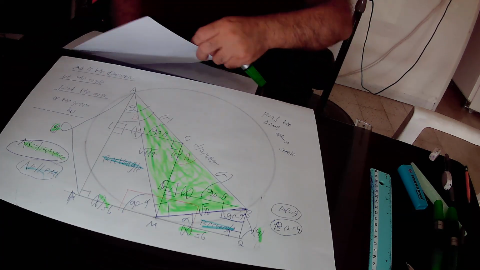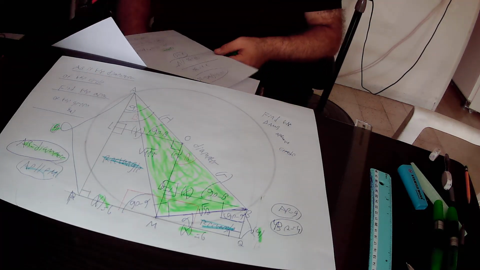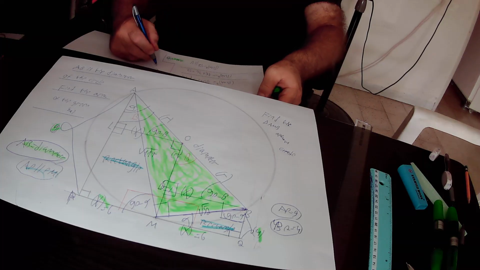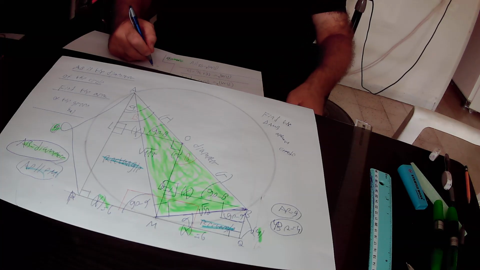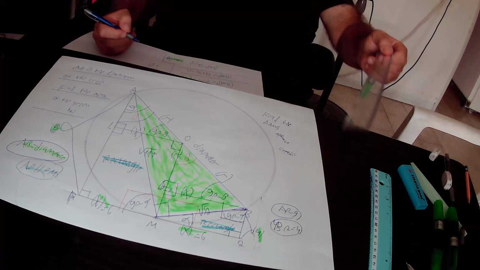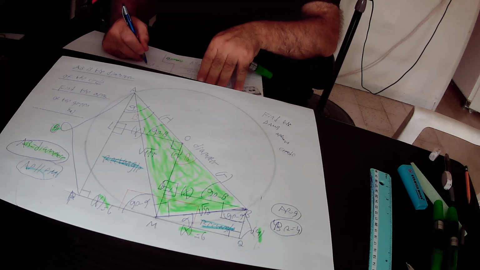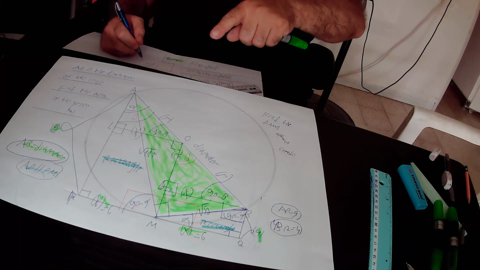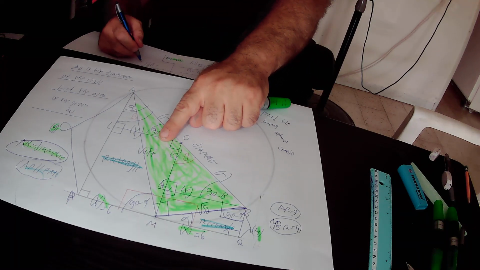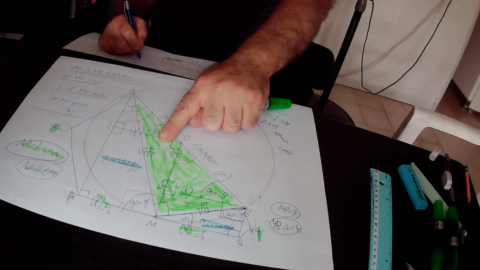We already found out that BM equals the square root of 52, times the height AM, that equals the square root of 117, divided by 2.